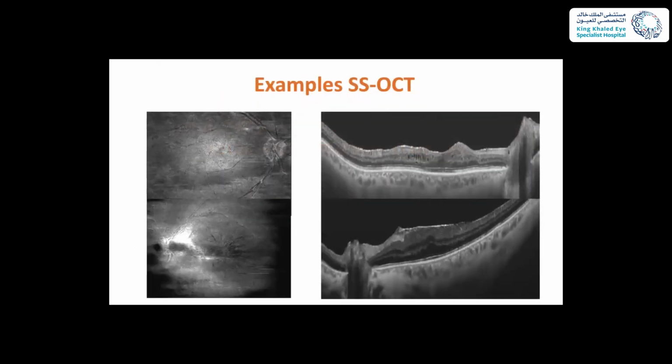And this is an example, and you can see here this fast scan with cystic fluid here, and you can see also in the cut here. And this is a patient with a fast scan with a subretinal membrane, and you can see here on the cuts.